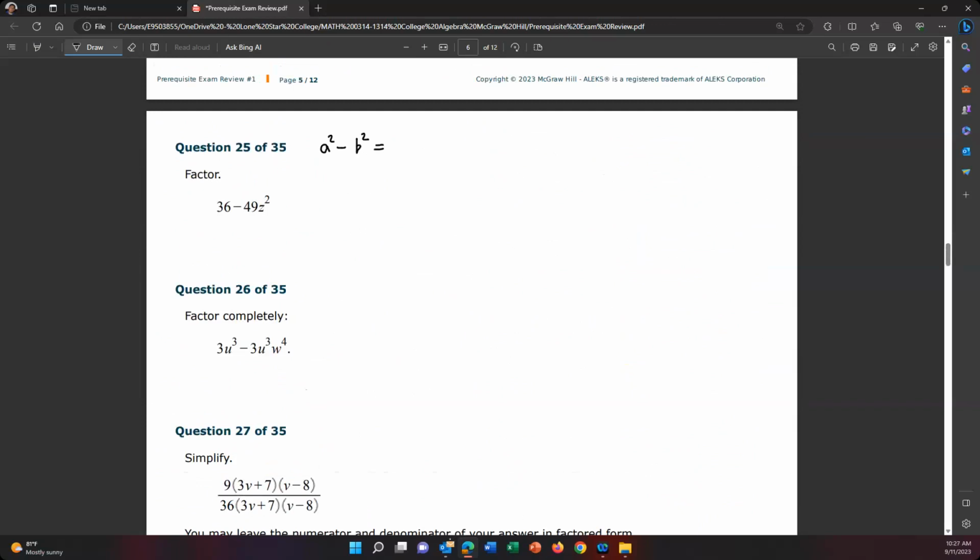And what we like to do is remember this particular factorization, which is a plus b, a minus b. This is referred to as a difference of two squares. Okay. And when we have a difference of two squares, we can apply this rule, or we should apply this rule so that our factoring goes a little bit quicker. So we have 36 minus 49z squared.